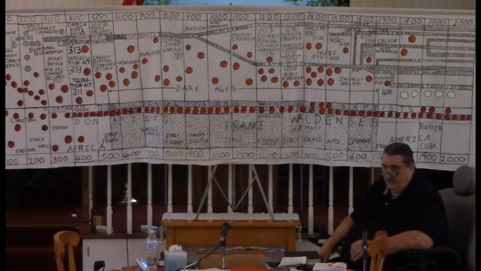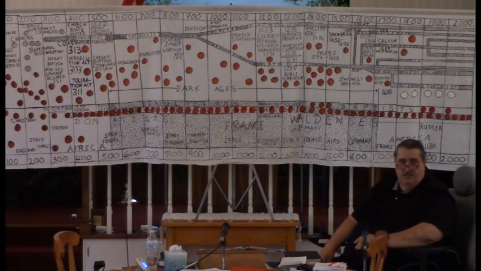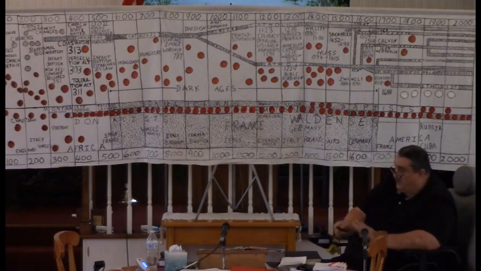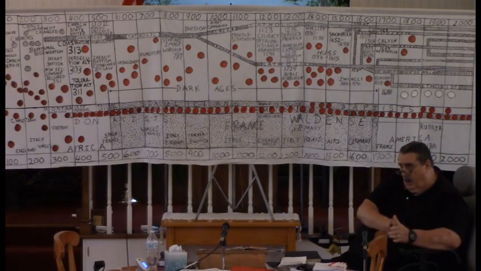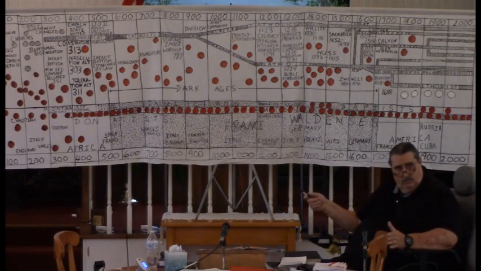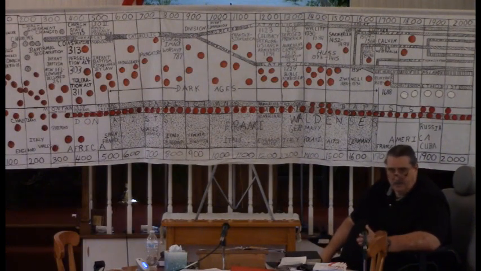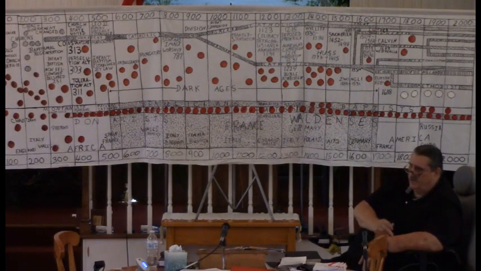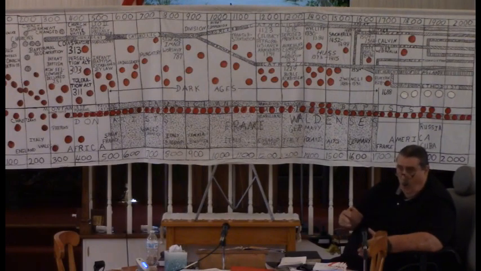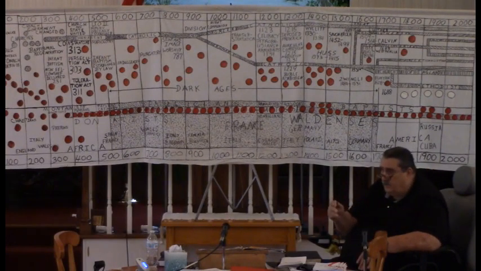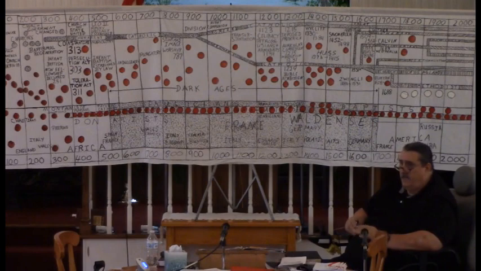And that is the battle where Charles Martel, who's early on for Charlemagne in the same line, stops the advance of the Muslim hordes at Tours in France in the year 732.